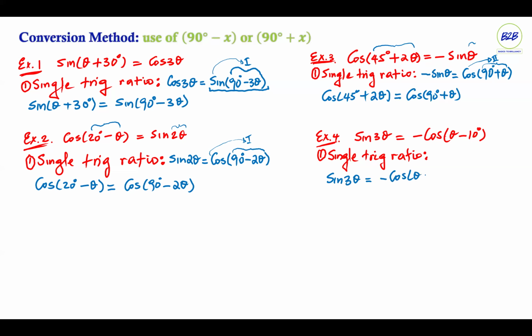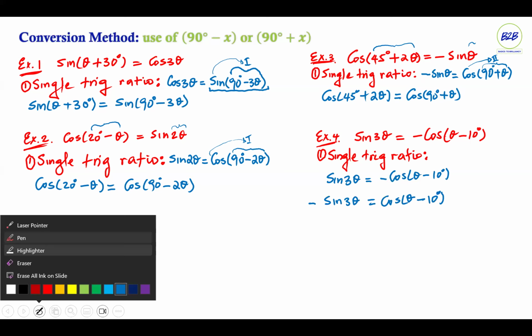Preferably, our negative coefficient must be with sine, not cos. All right? So we will then take this negative to the other side of the equation, and then we will have negative sine 3 theta is equal to cos of theta minus 10 degrees.